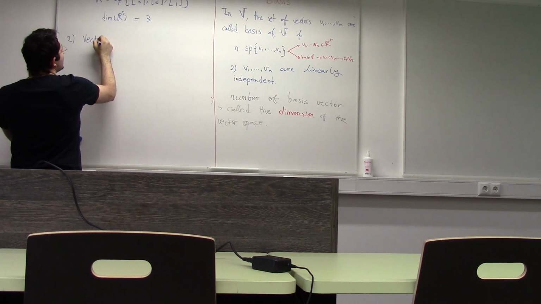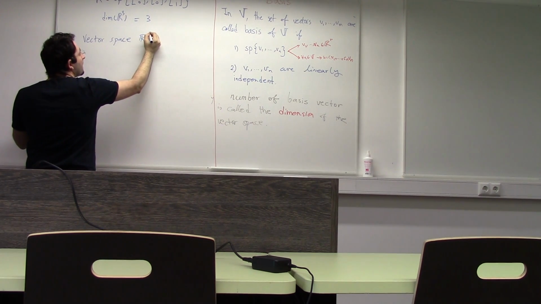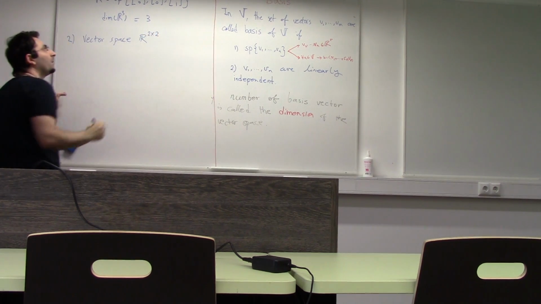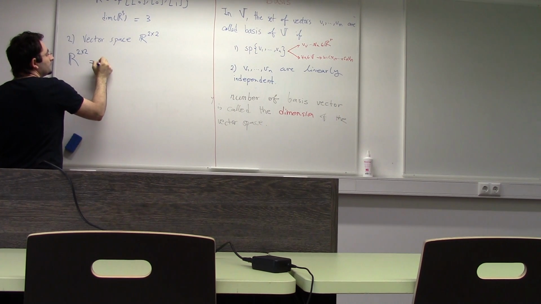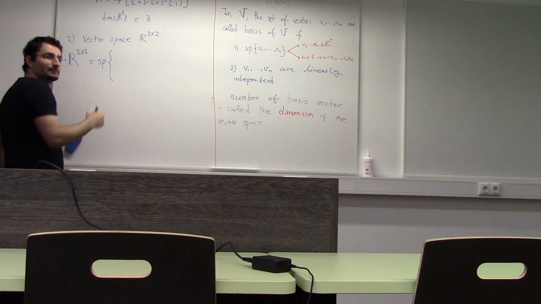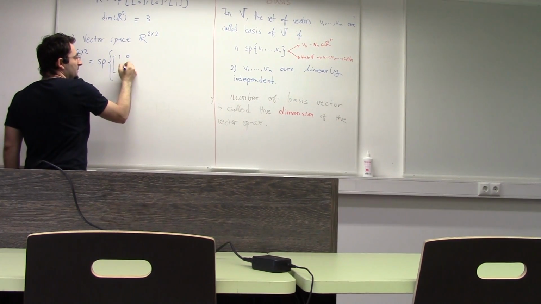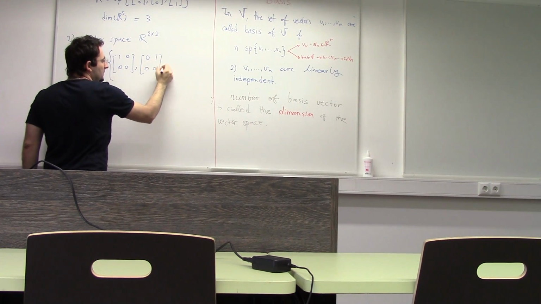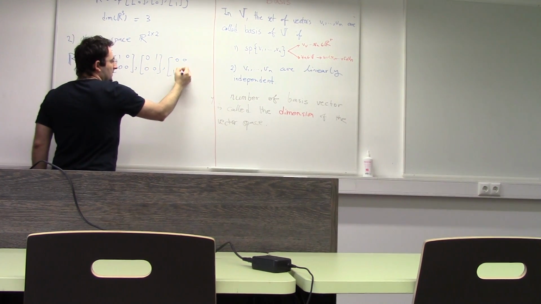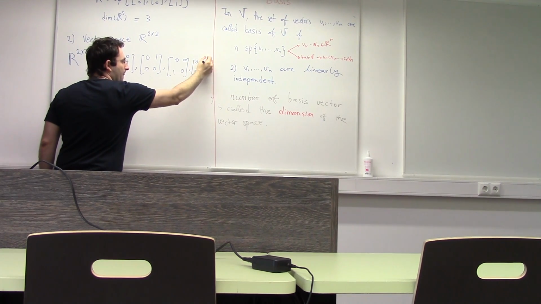For vector space R 2 by 2, do you know what are the elements of our span? The easiest form is something like this: 1 0 0 0, 0 1 0 0, 0 0 1 0, and 0 0 0 1.